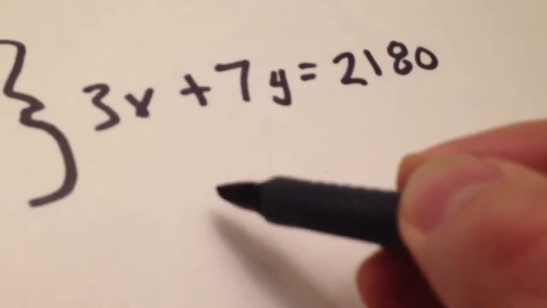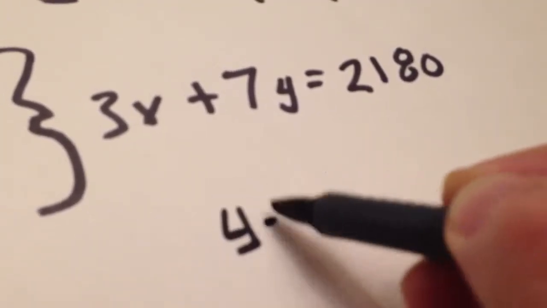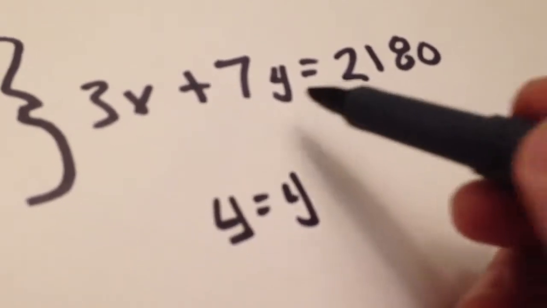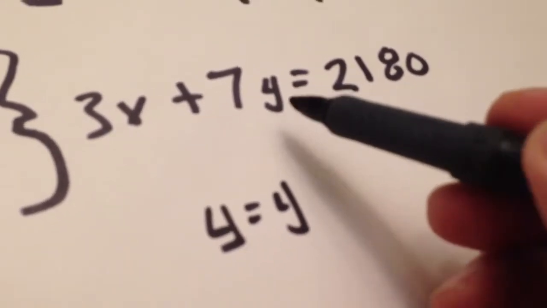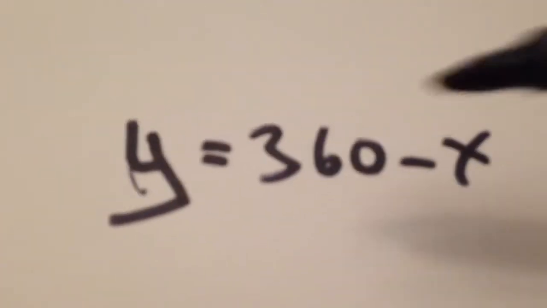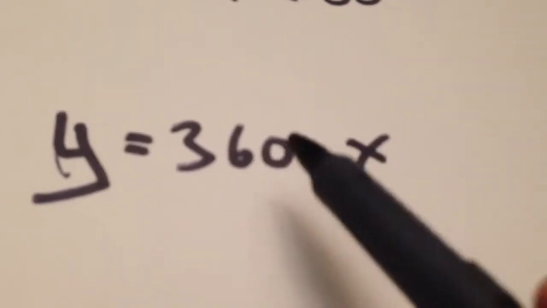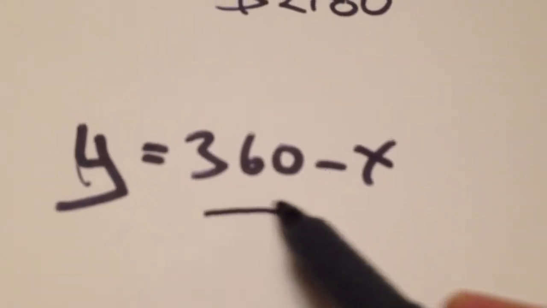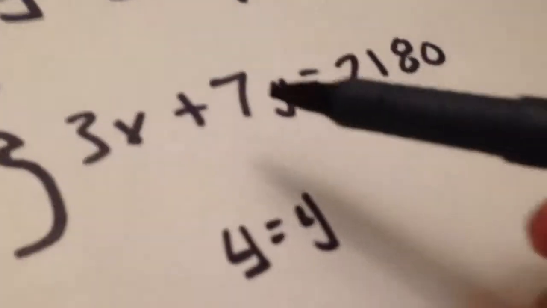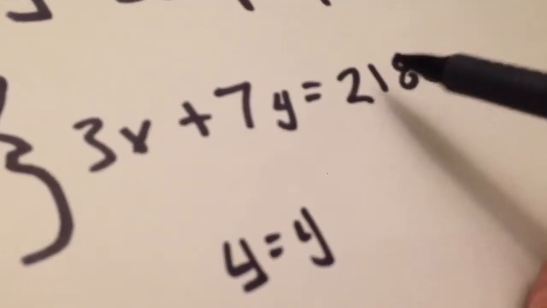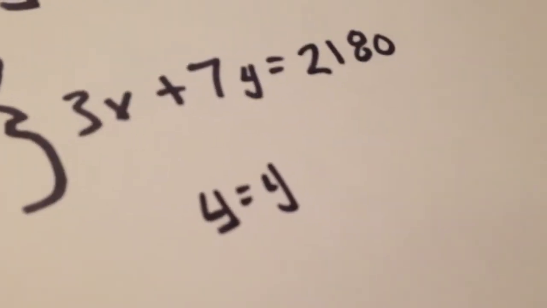And if we solve this equation for y, and we've solved the other equation for y, then this part is going to be equal to whatever we set this to, because y equals y.